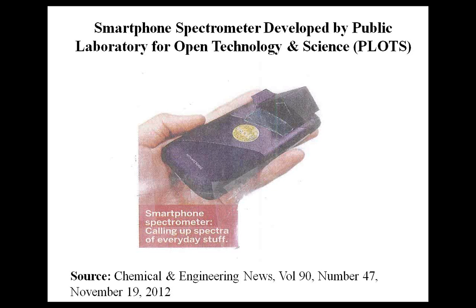This is not intended, the one in the picture, for air pollution, but it shows that if a lot of people put their heads together, a few thousand people led by folks from MIT under the acronym of PLOTS, developed a smartphone spectrometer which generates absorption spectra of substances such as oils and soil particles with a simple card that you can attach to your smartphone and turn it into a spectrophotometer.